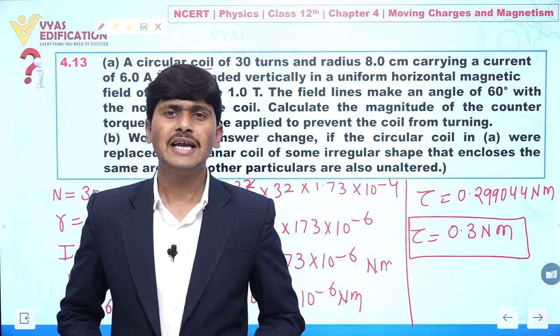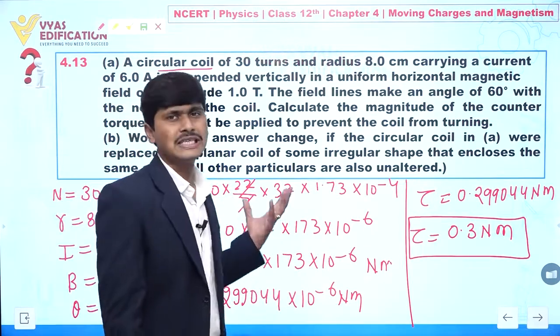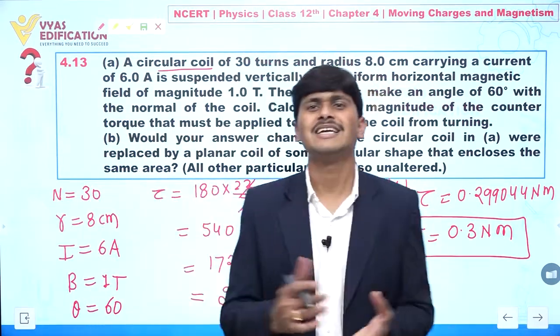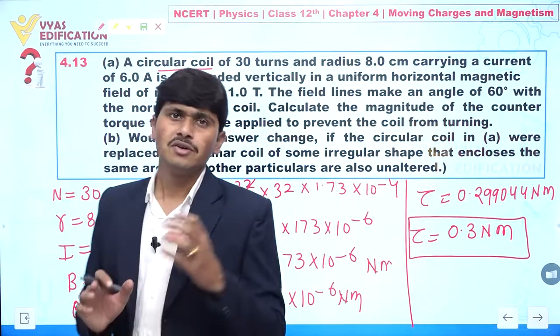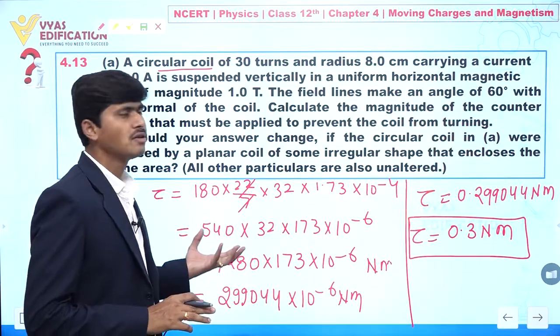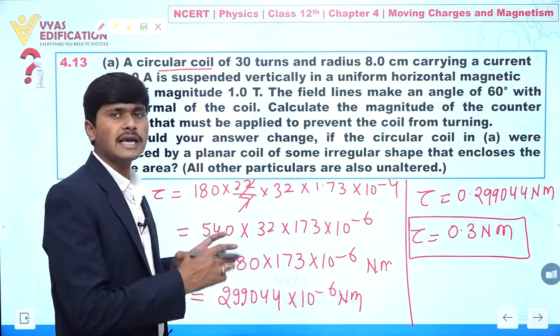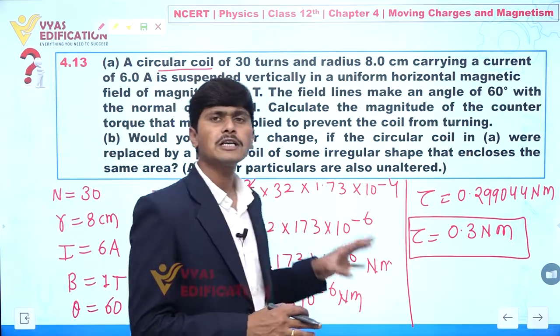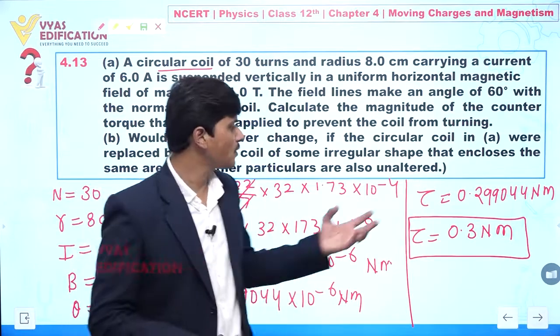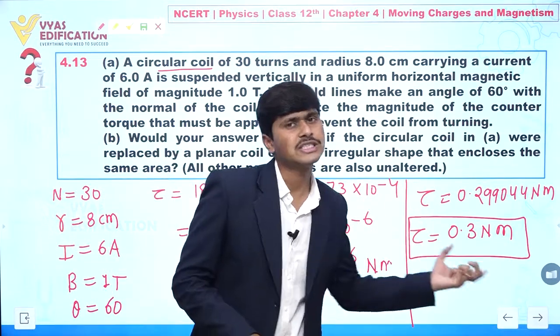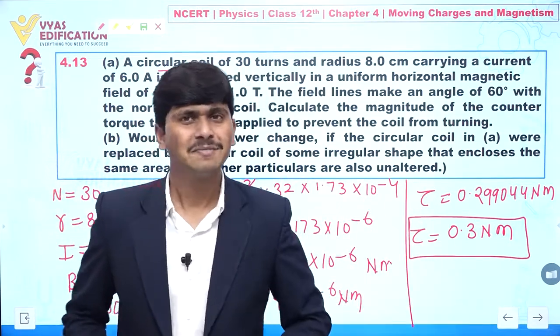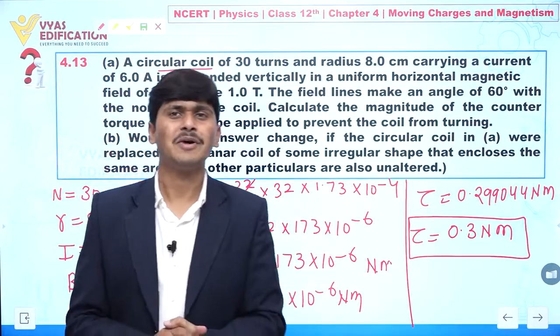So like this you can solve. Definitely the calculation is lengthy because this is from NCERT, but you can solve this question very easily if you do some calculation like this and take some approximation. So approximately the torque is 0.3 Newton meter. So this is all about this question.